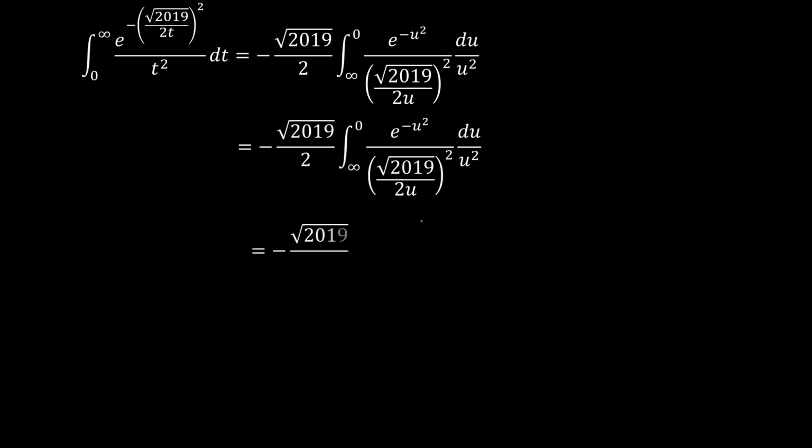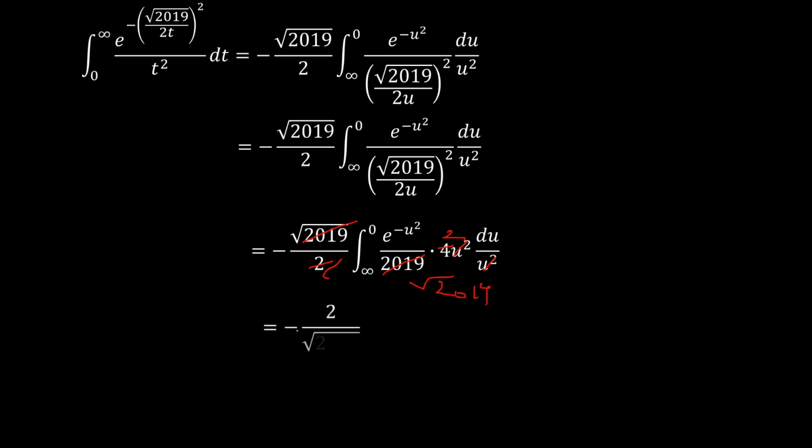And then when you simplify it further, we get 2019 in the denominator times 4. And then we have 4u squared here. So this u squared and this u squared go, and this divides 2, and then we have a 2 there. This goes, and we're left with square root of 2019.